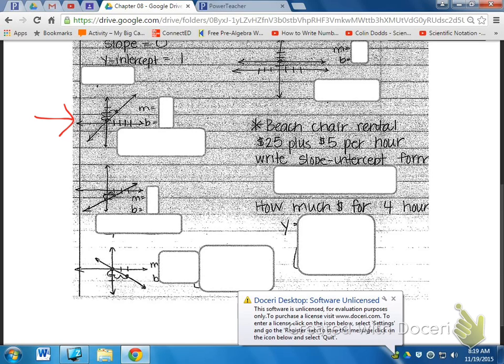What I would recommend and what would be best is finding the y-intercept first. See where it crosses on the y-axis and identify that as b. Then count to the next point the rise over run, or maybe fall over run, depending if it's a positive slope or a negative slope.